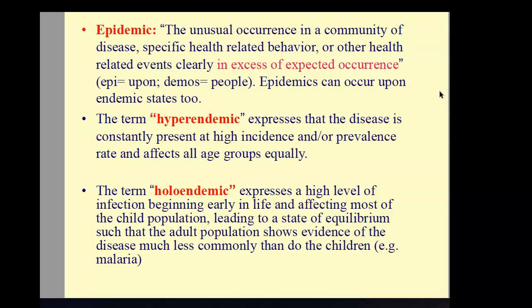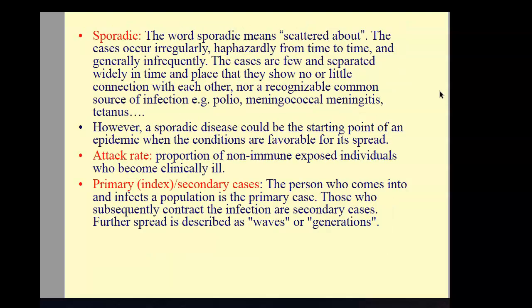And then we have holoendemic, which is a high level of infection beginning early in life and affecting most of the child population, leading to a state of equilibrium such that the adult population shows evidence of the disease much less commonly than occurs in children. An example can be found in malaria.